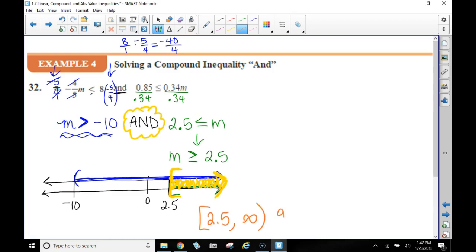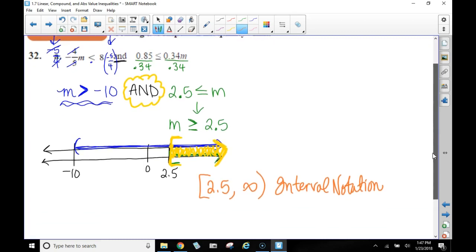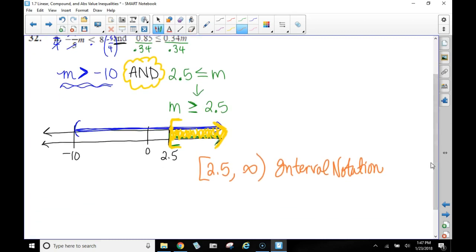That's my solution set written in interval notation. In set builder notation, the set of all m values such that m is greater than or equal to 2.5 is the set builder notation for my solution set.